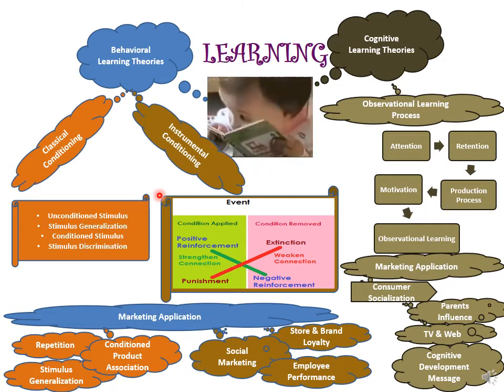The second one is negative reinforcement, where it strengthens responses so that we learn the appropriate behavior. For example, if you see an advertisement showing a woman who uses a certain shampoo, like Sunsilk or Rejoice, when this woman uses this shampoo, her hair will become soft and stronger.